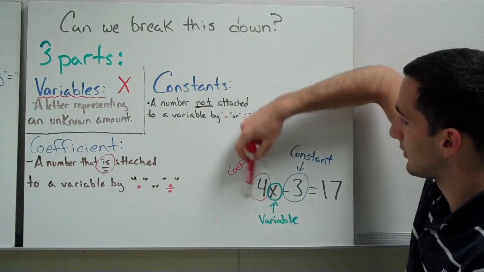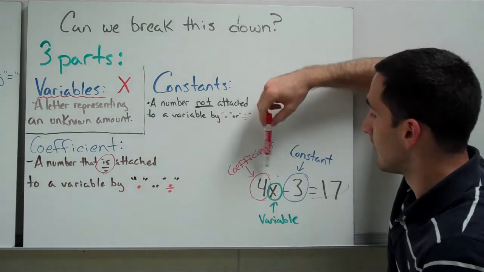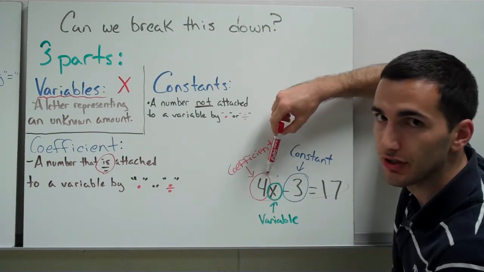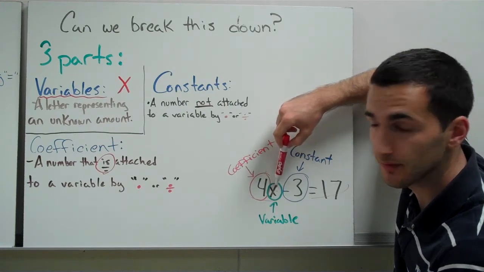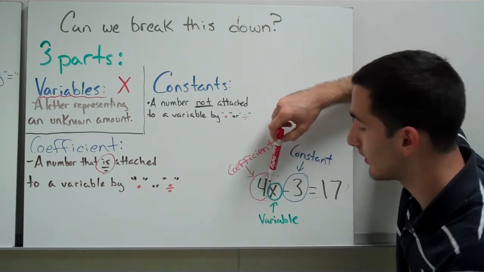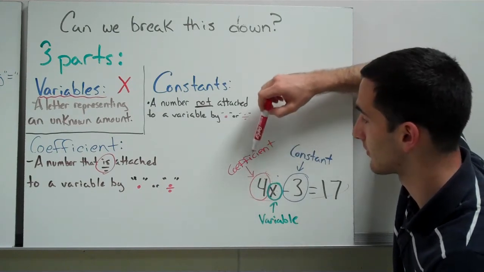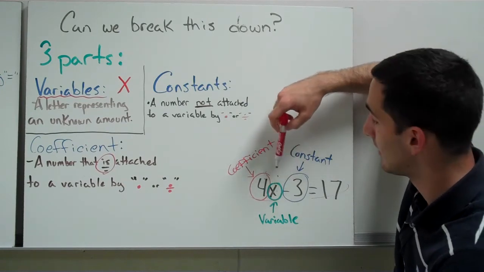So an example of this would be right here. You can see we have a linear equation. We have a variable to the first power. In this linear equation, our coefficient is the 4 because it is attached to the x by multiplication. We know that whenever a 4 is right next to an x with no sign in between it, it's got to be multiplication. So that's our coefficient. Our constant is the 3.